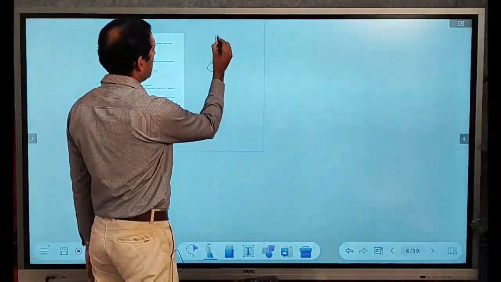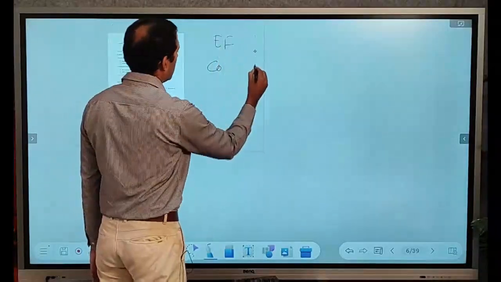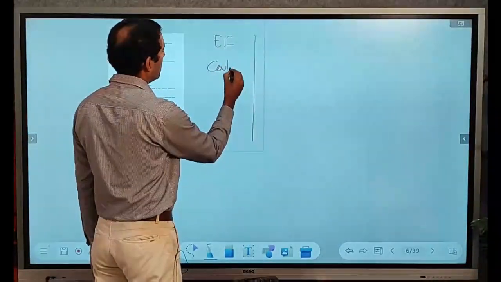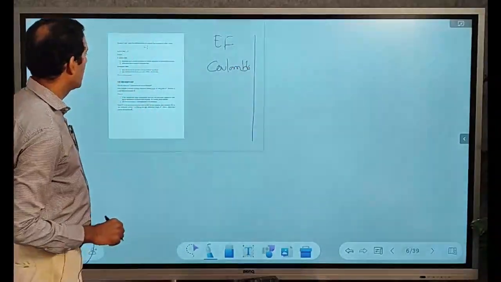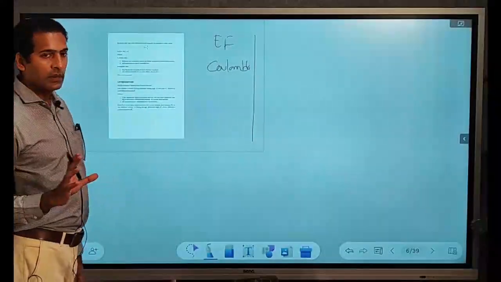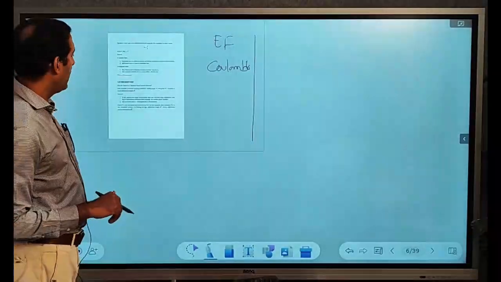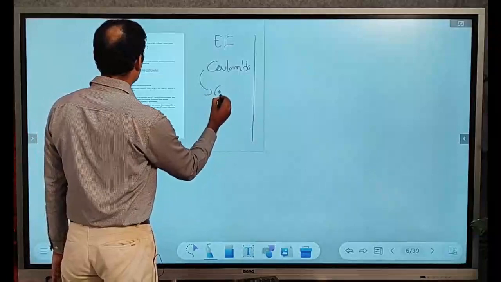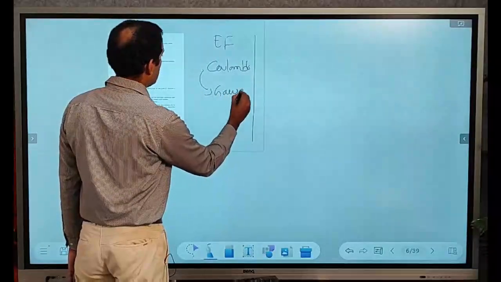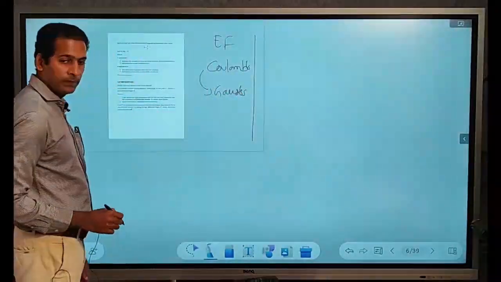We will compare it with electric field. In electric field we consider Coulomb's law as the basic starting law, and we consider Gauss law as a case of Coulomb's law.